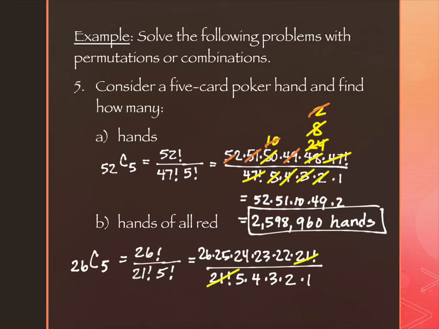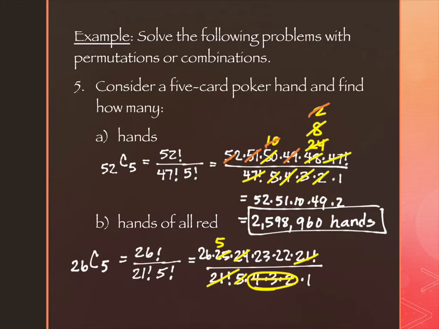Okay, the 21 factorials cancel. What else cancels? 5 and 25. Okay, 5 and 25, leaving me with a 5. 4, 3, and 2 cancel. Good job. I was wondering if anybody would see it. 4 times 3 times 2 actually is 24. And if you don't see it at all, it doesn't matter. It's fine. You'll get all the pieces canceling individually.